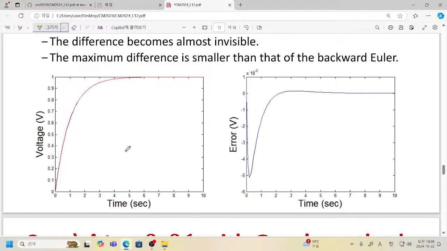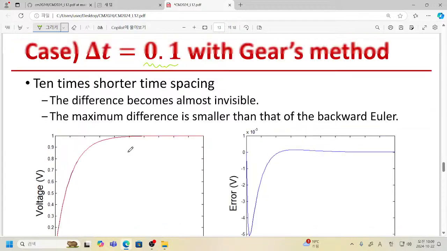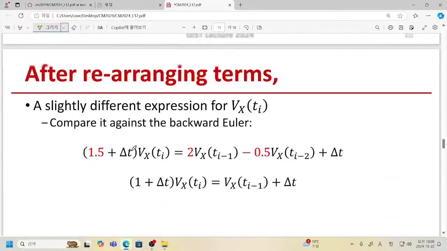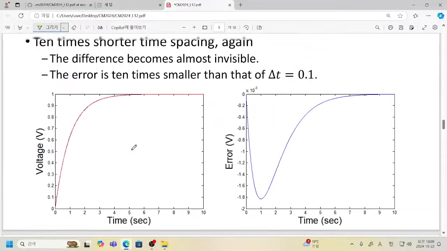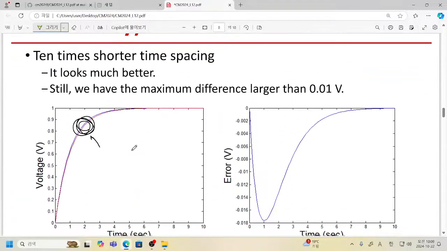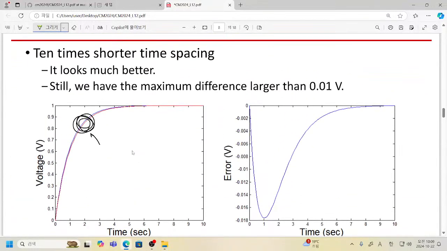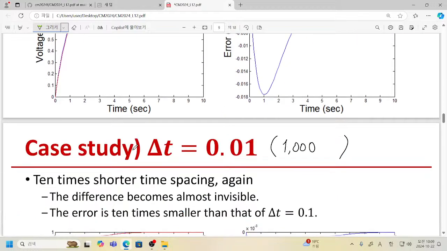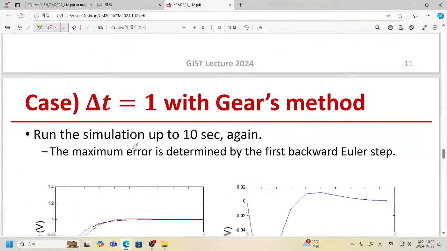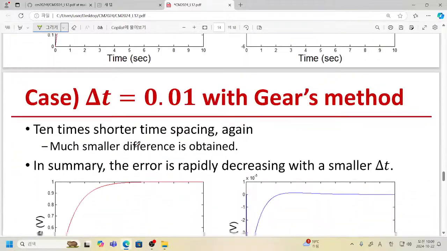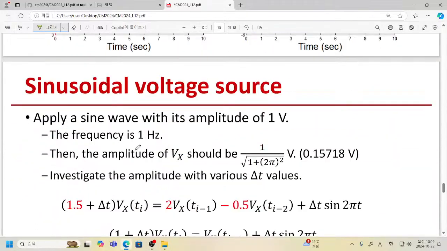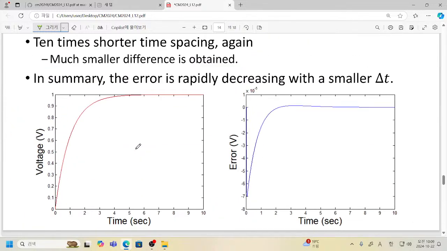So let me just come back to our backward Euler case. Same delta t, and this is the result for the same delta t but with the backward Euler scheme. You can see some differences. So it is quite convenient to use the second order method.